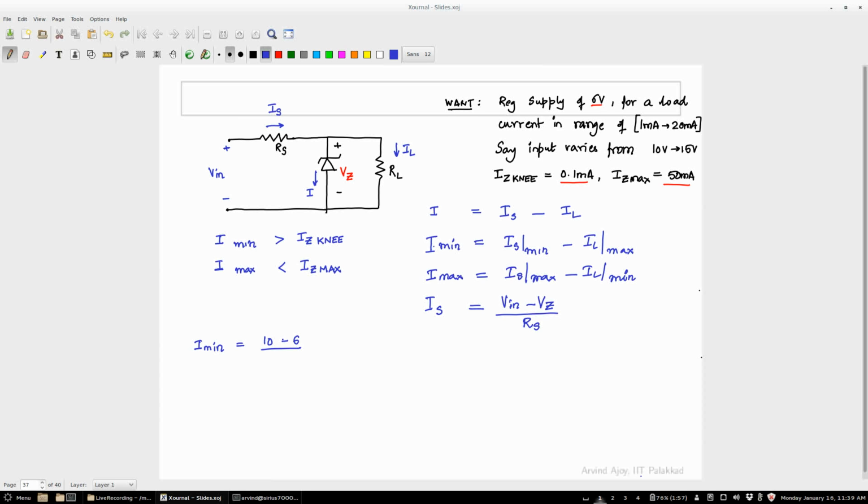I minimum will be Vin minimum, correct? So what's your Vin minimum? 10 volts. Minus, what's your VZ? 6 volts. Divided by RS, you don't know. Okay, assume RS is varying for some reason, right? Let's just keep this like an RS max.